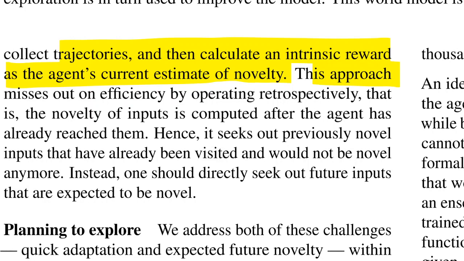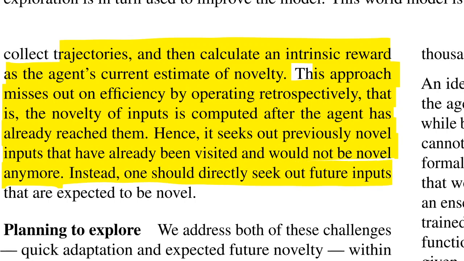This approach misses out on efficiency by operating retrospectively. That is, the novelty of inputs is computed after the agent has already reached them. Hence, it seeks out previously novel inputs that have already been visited and would not be novel anymore. Instead, one should directly seek out future inputs that are expected to be novel.